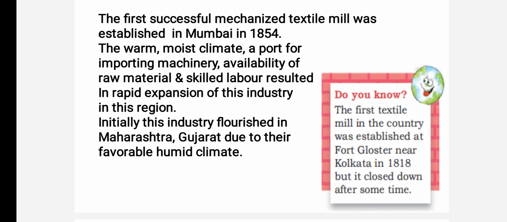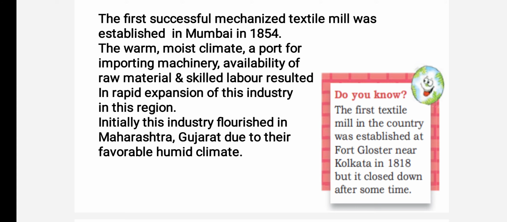Now, the first successful mechanized textile mill was established in Mumbai in 1854. In which year, children? In 1854, the first mechanized textile mill was set up. Why was it established here? Because of the warm, moist climate of that area, and also a port for importing machinery. In Mumbai there is a port, and that port is very helpful for importing machinery.